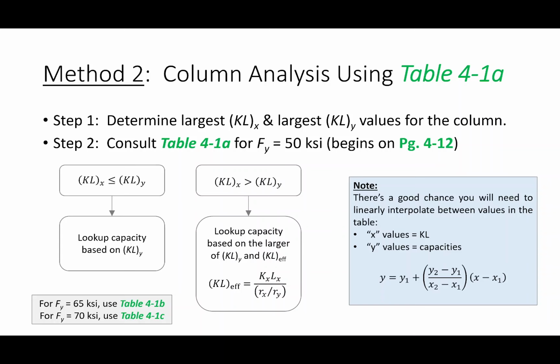Okay, so the idea is that if your weak axis governs, just look up the capacity. But if this is bigger, or if you don't know whether or not it governs, look up the capacity based off either this or that, and that's computed like this. And don't worry, that's a topic for discussion on Wednesday, is how we're going to use this.